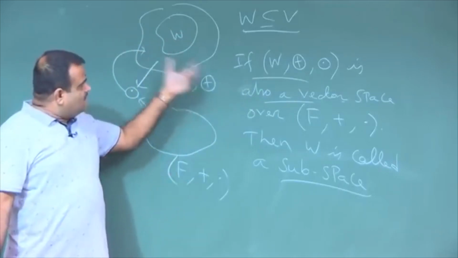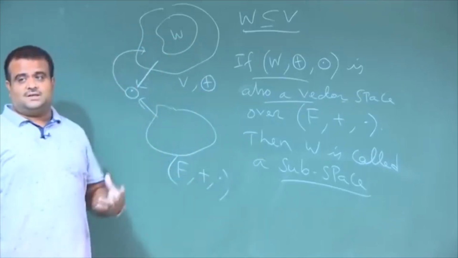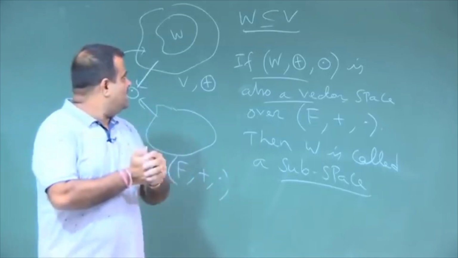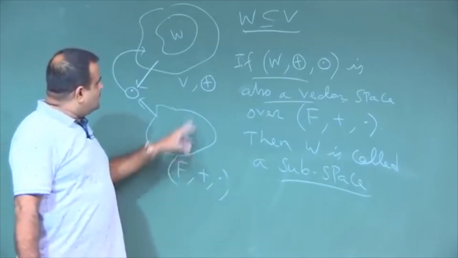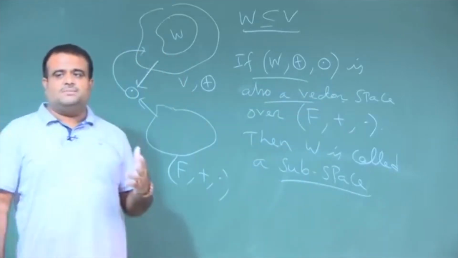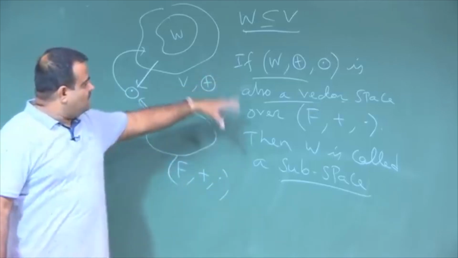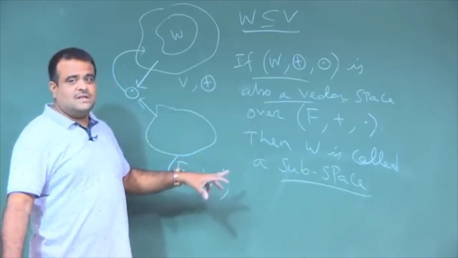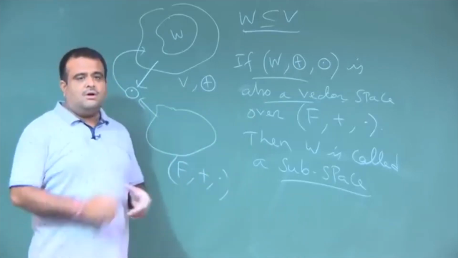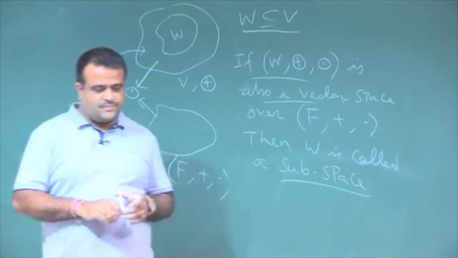Only then can we define this plus over W; we can say this is induced plus, because we are restricting our set to W. And this is also the scalar multiplication. If W is stable under scalar multiplication and again forms a vector space, that means W satisfies all the properties of a vector space, then we call W a subspace of this V. Okay.